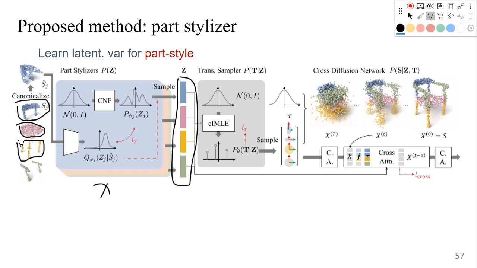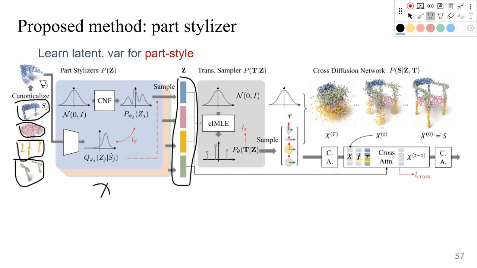So one of the requirements of this method is that we need to have the part labels so that we can decompose into independent parts here. After this, we can do the canonicalization. We have discussed canonicalization in this video playlist. If you are not familiar, you can refer to that.